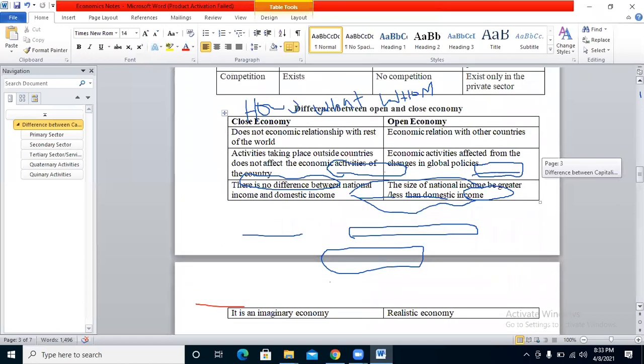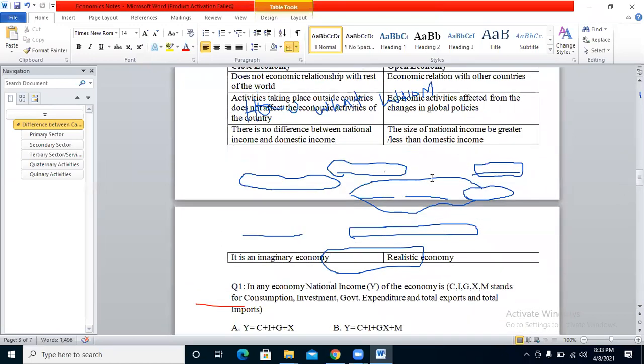You can say the open economy is the realistic economy, but the closed economy is imaginary in the recent world. I think no country in the entire world is a closed economy. Almost all countries open their door to other countries for doing economic activity.